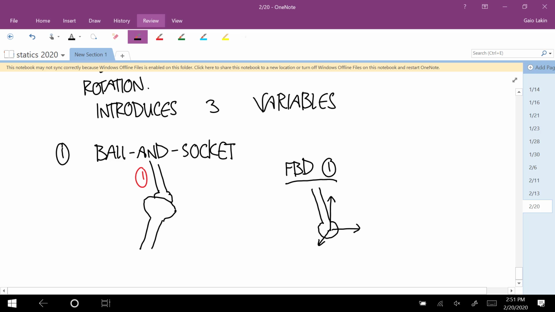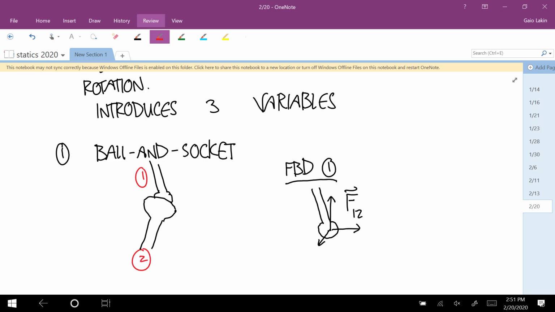And you can just represent it as like the force on body 1 by body 2, if this is body 2. Okay, so here's a ball and socket joint. We have to pretend there's no friction, but there's a lot of friction.